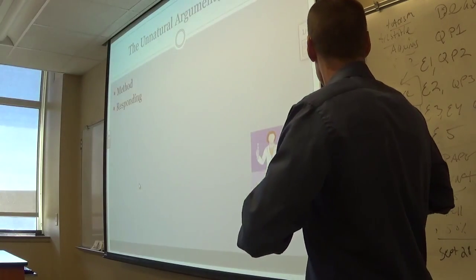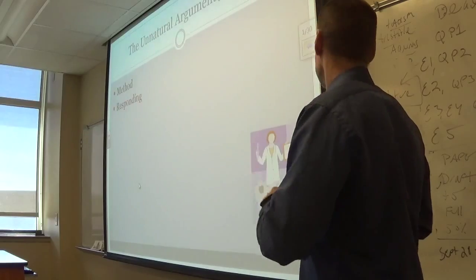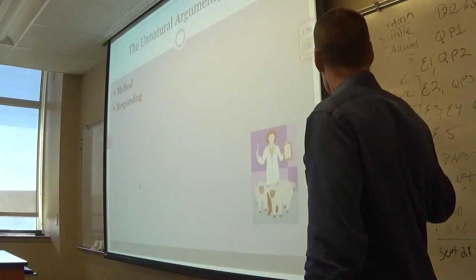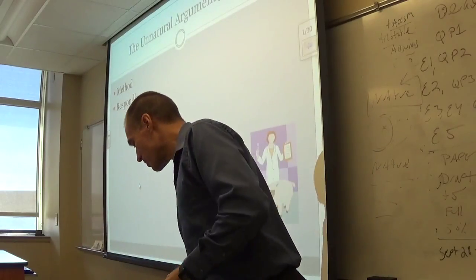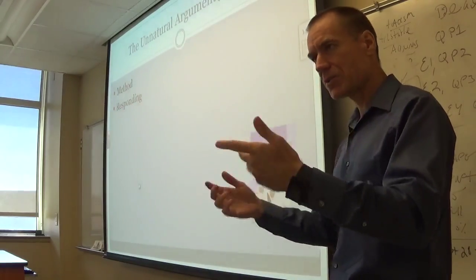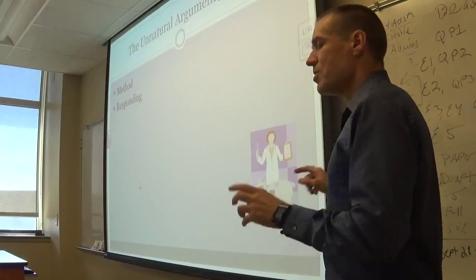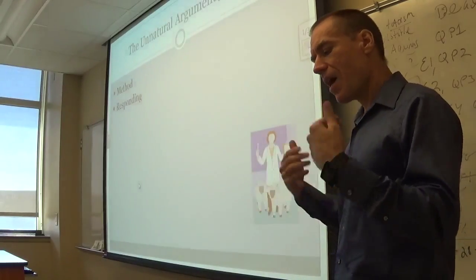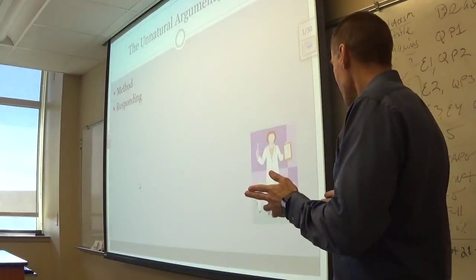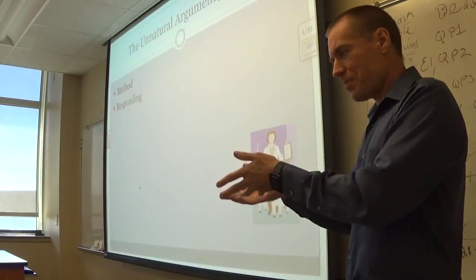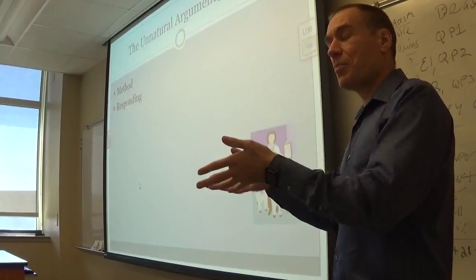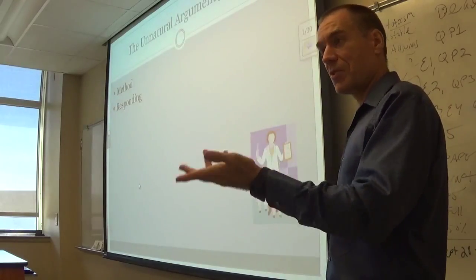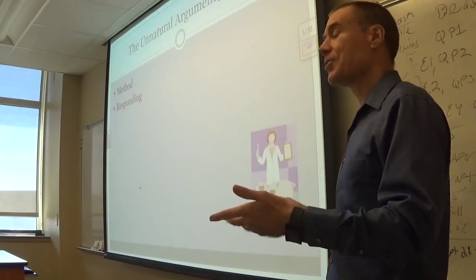Now, if you're arguing against someone who makes the unnatural argument, and this is only effective as a consistency point, if you can show that other things the person accepts are analogous to what supposedly is unnatural, you can push them into that inconsistency, the consistent application thing.